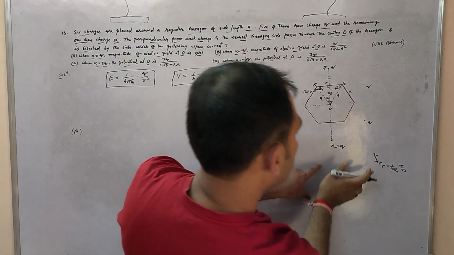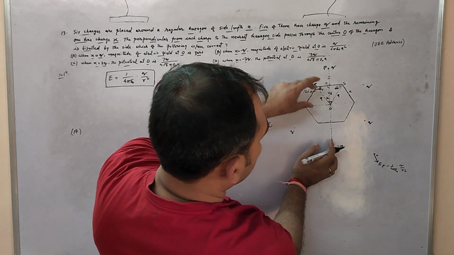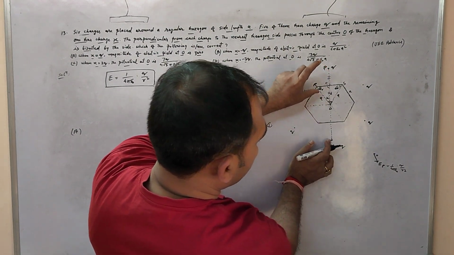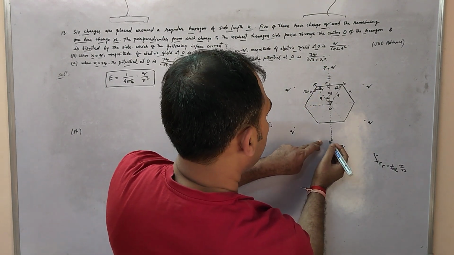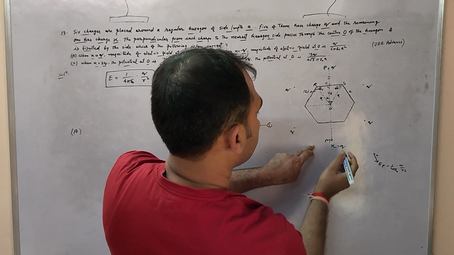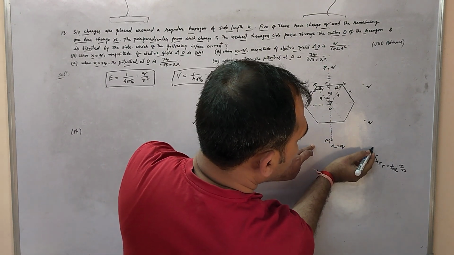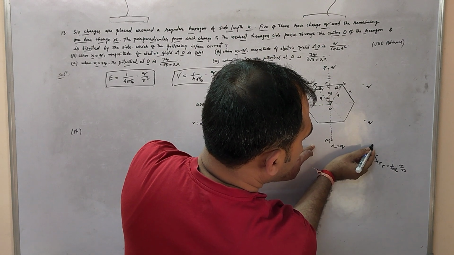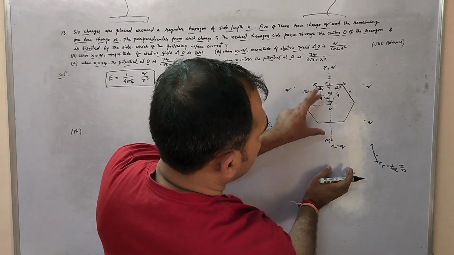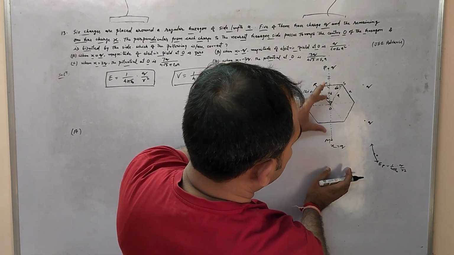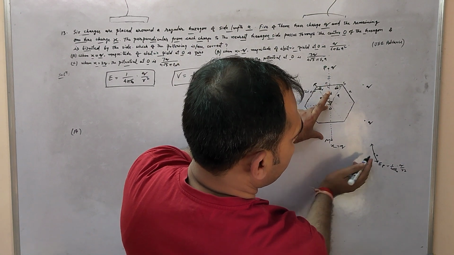Similarly, the electric field due to this charge Q at any point, say M, will be just opposite but of the same magnitude.